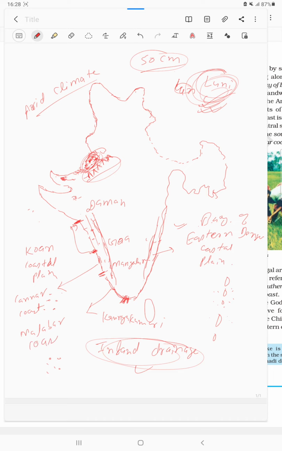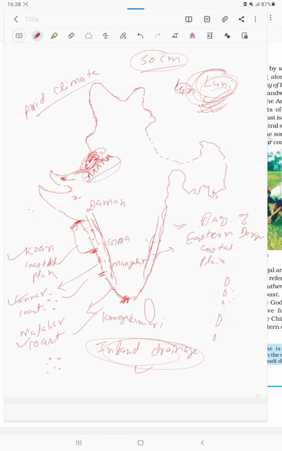So the western coast is divided into three parts. The northern part is the Konkan coastal plain, the central is the Kannad, and the southernmost is the Malabar coast.